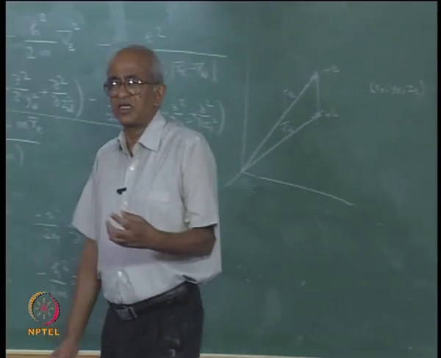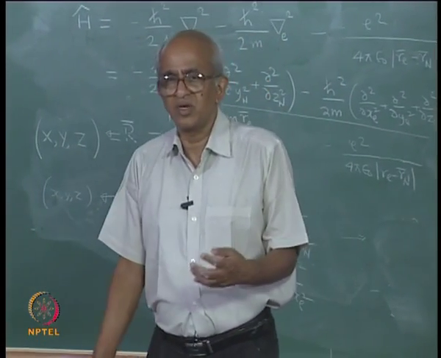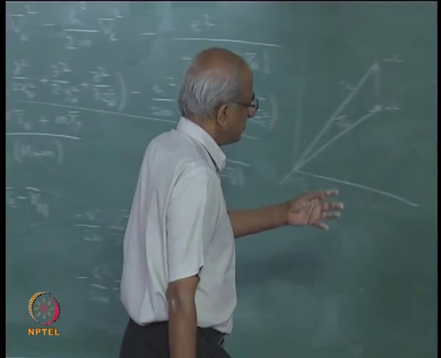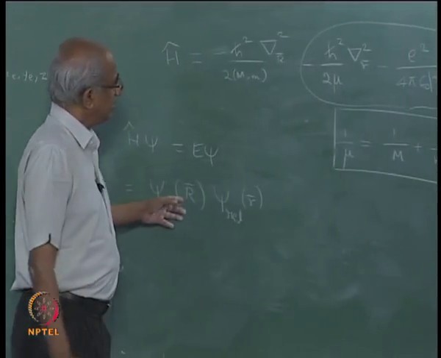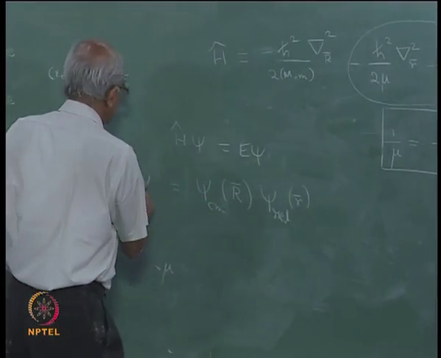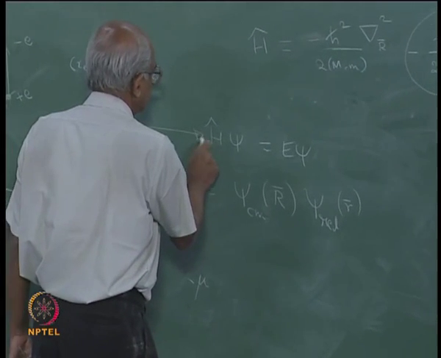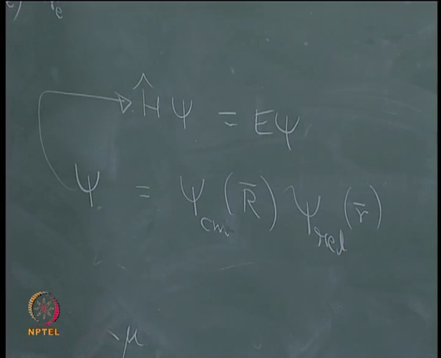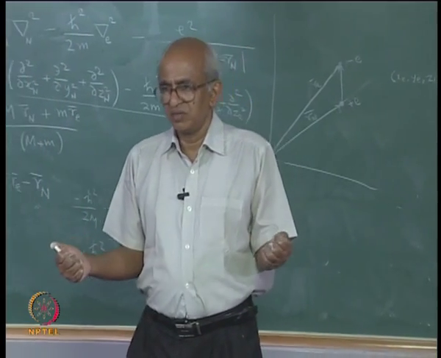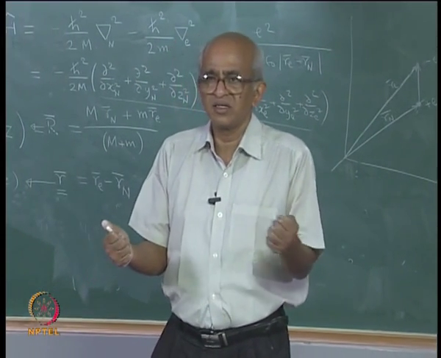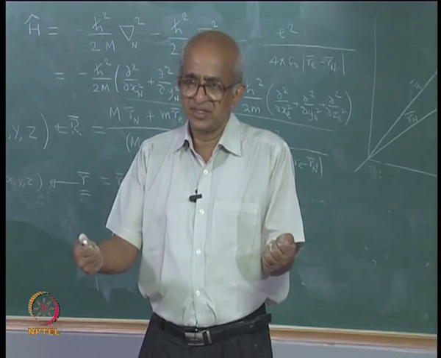So, this is essentially the method of separation of variables, and what will I do? I will take this assumption, this ansatz, put it into the Schrodinger equation, and use the method of separation of variables, and then you will find that the equation can be nicely separated.